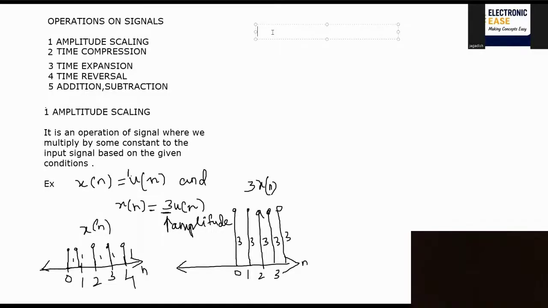So first, friends, addition of two signals. I'm going very slow in this module because this is very important for your examination. If you understand this concept well, you can easily do any problem given to you. So, addition of two signals.